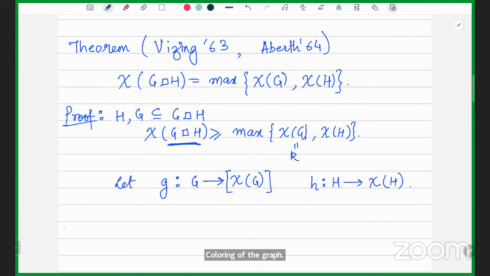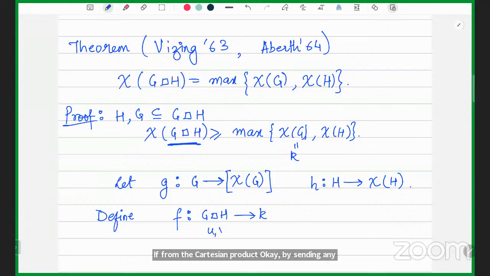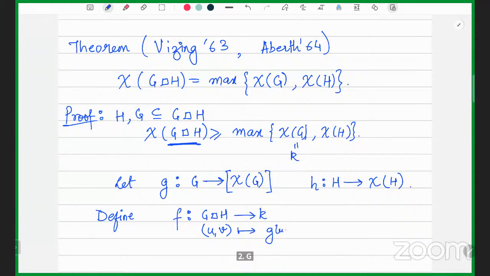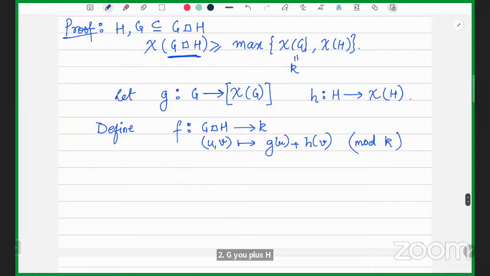Using these, I can define F from the Cartesian product to K by sending any UV to g(U) plus h(V) modulo K. So modulo K is just to make sure that it lands back within the K. But now, I have given some function.